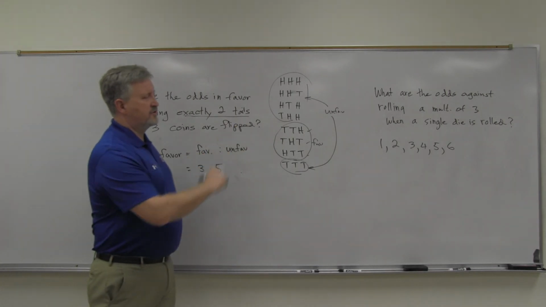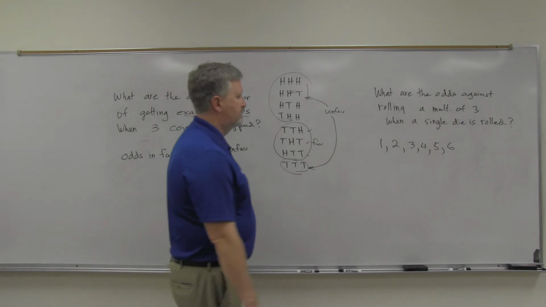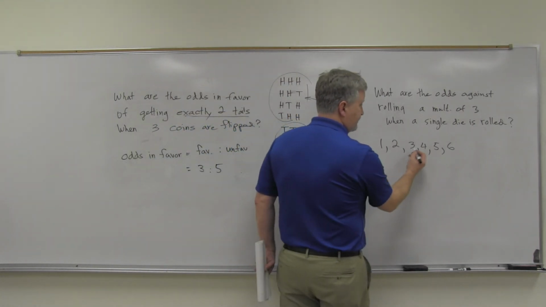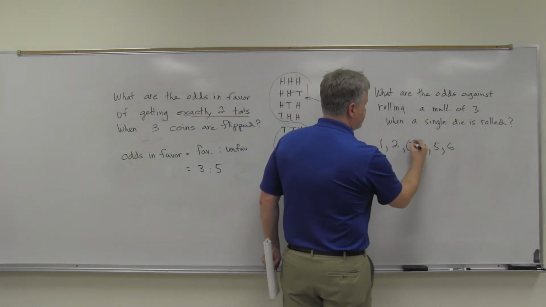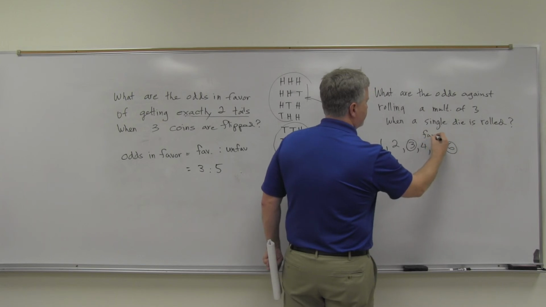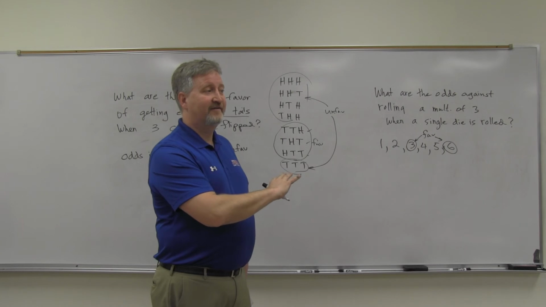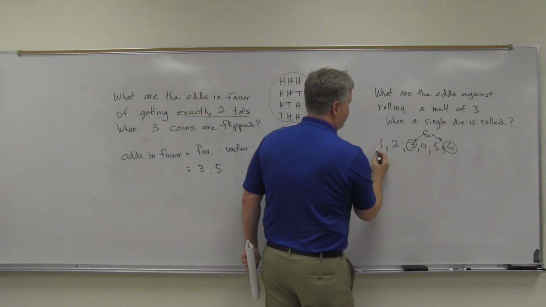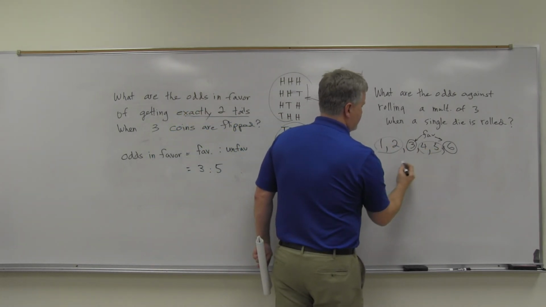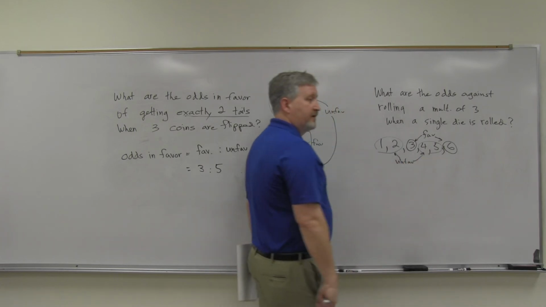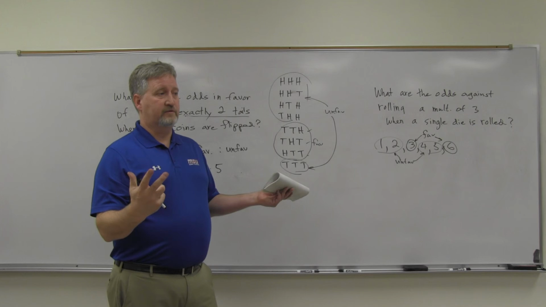So how many of those are multiples of 3? Yeah, 3 is a multiple of 3 and 6 is a multiple of 3, right? So those are my favorable ones. The other ones are unfavorable, so these and these would be unfavorable. So first of all, let's identify those. Everybody good? There's 4 unfavorable, there's 2 favorable.